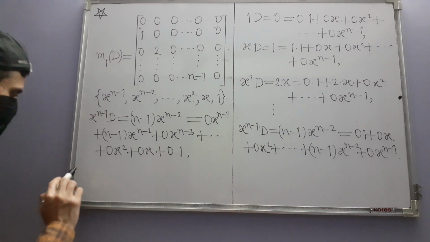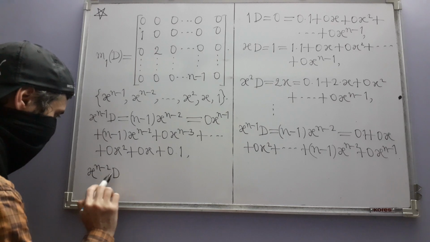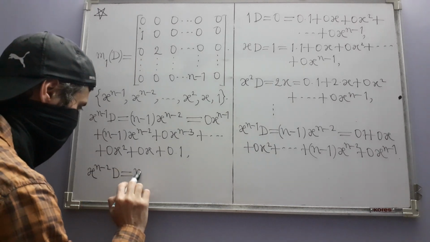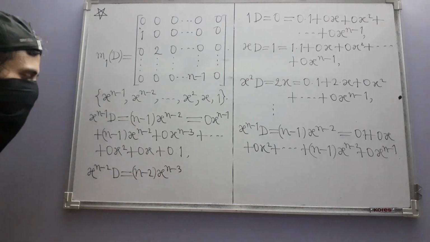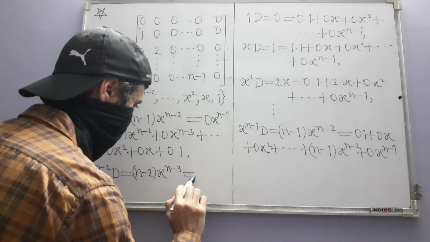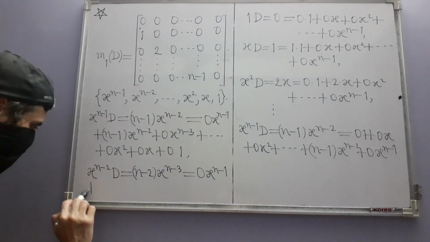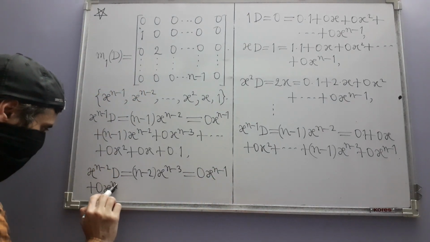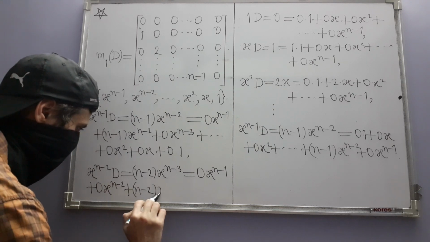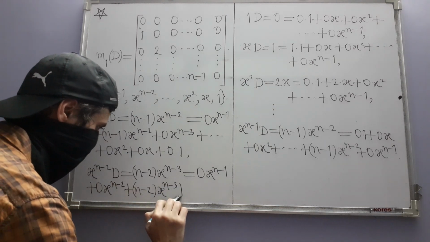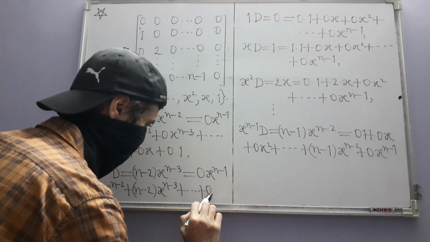Then let us write one more, the derivative of x to the power n minus 2. So this will be n minus 2 times x to the power n minus 3. And when we write that as a linear combination, we get this: n minus 2 times x to the power n minus 3, plus the others will be 0. You understand that, okay?